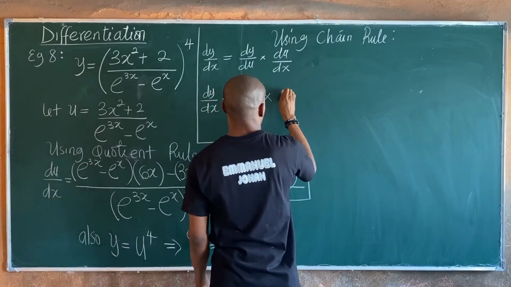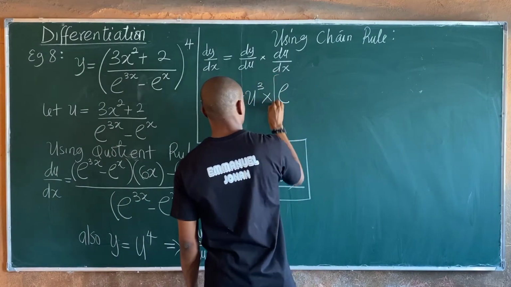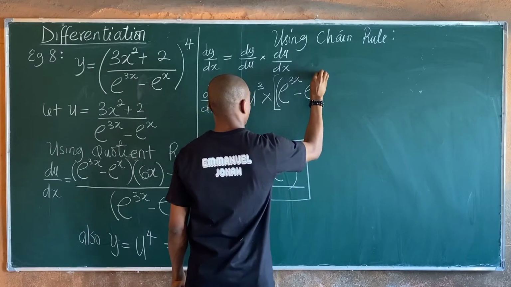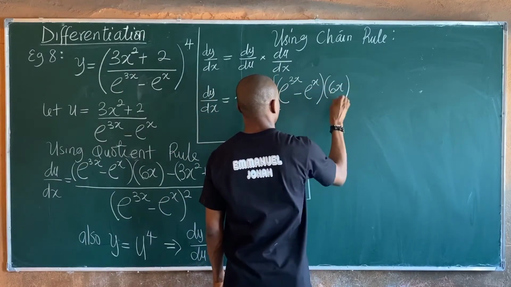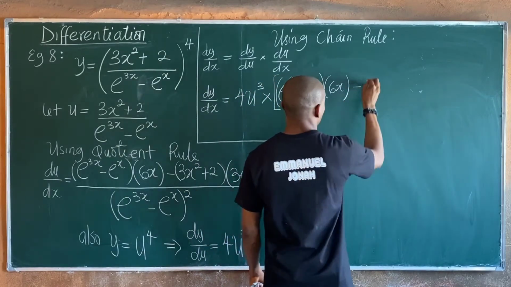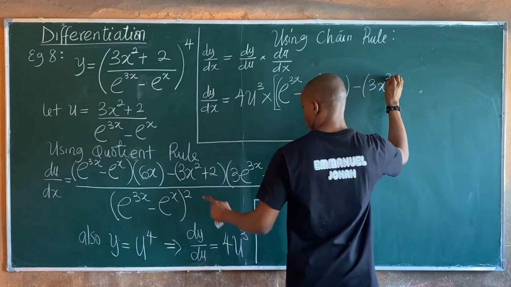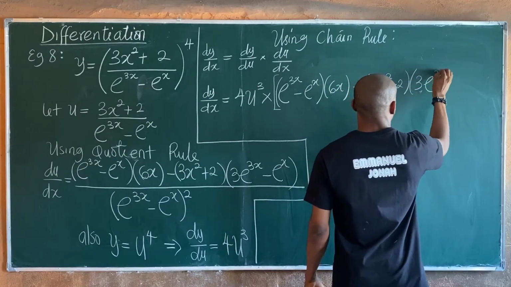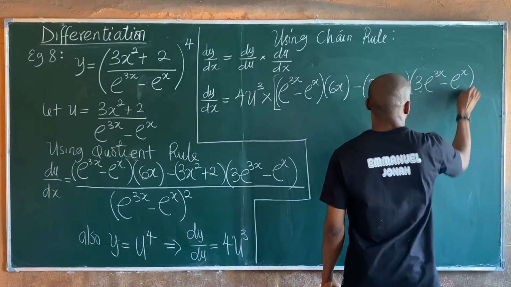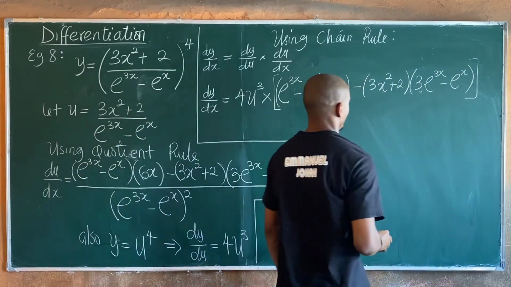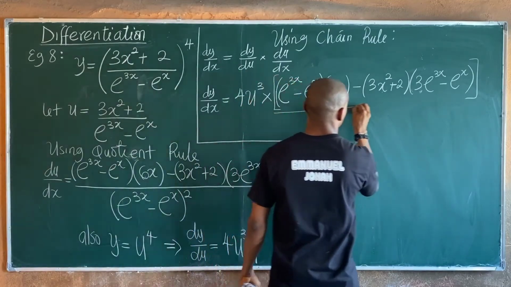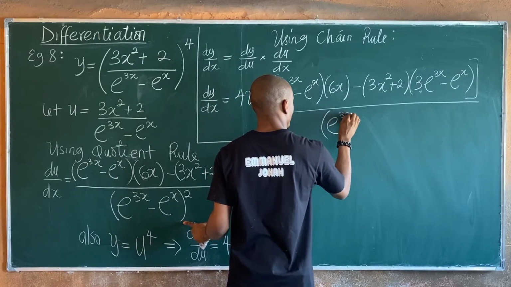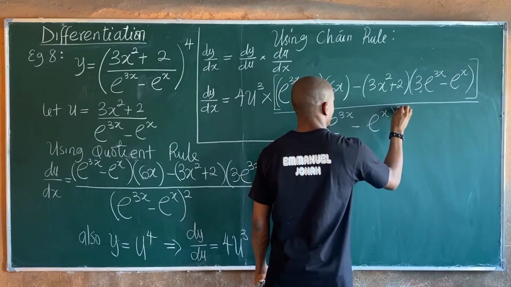That is exponential 3x minus exponential x, this into 6x, minus this term here, 3x squared plus 2 into 3 exponential 3x minus exponential x, all over this squared, that is exponential 3x minus exponential x all squared.